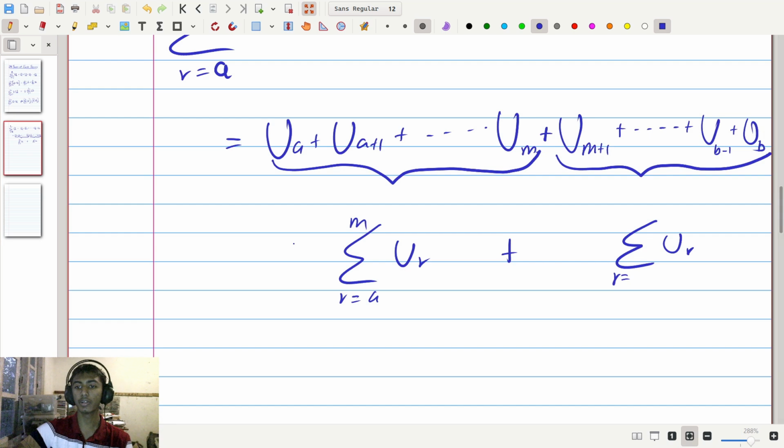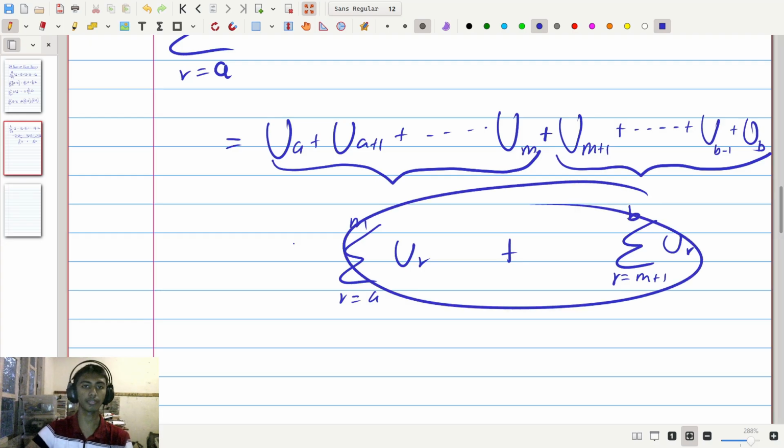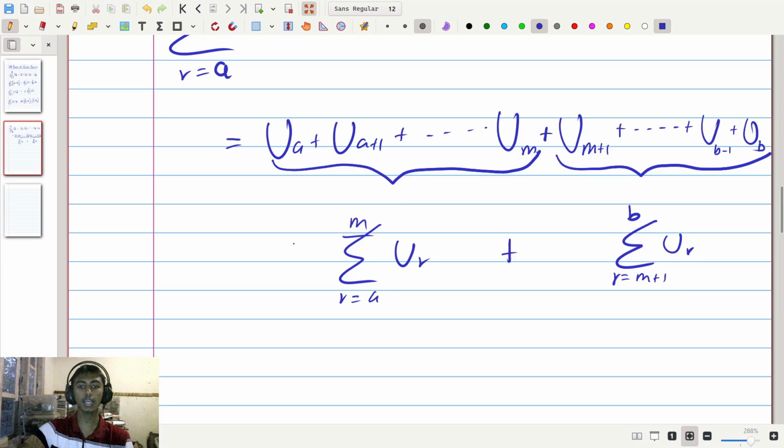So r equals m plus 1 up to b. We can see that this effectively splits our sum into two smaller sums. The sum from r equals a up to m of u of r and the sum from the very next term, r equals m plus 1, of u of r up to b.